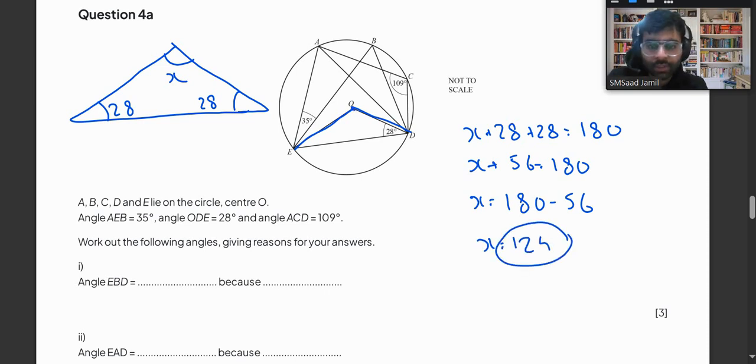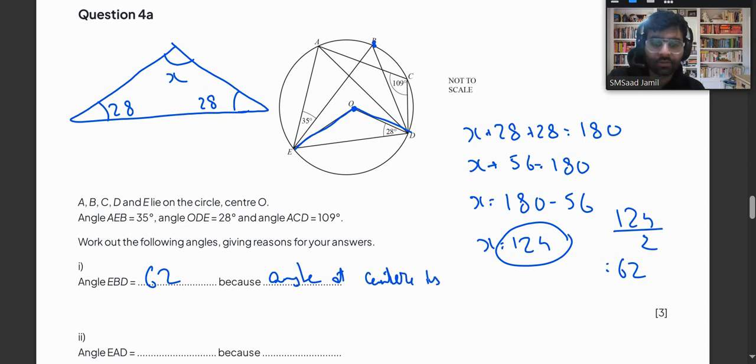Now this is center and B is at the corner. So I will do 124 divided by 2, which means this is 62. So angle EBD is 62 because angle at center is twice angle at corner.